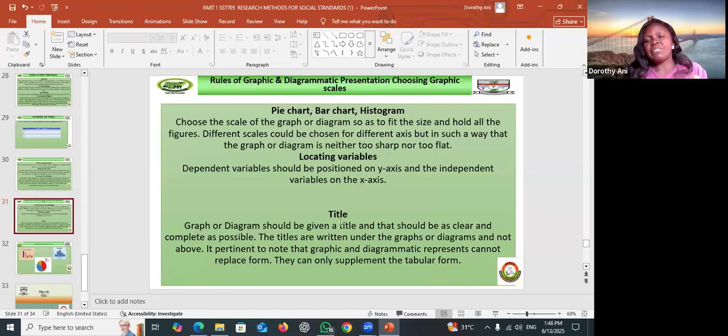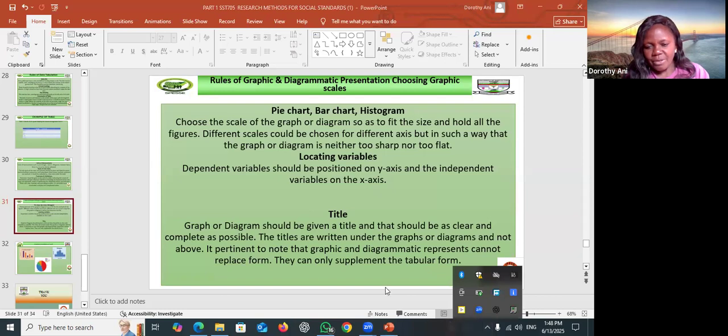So for the title of all these graphic or diagrammatic presentations, the title of a table is always at the top, but the title of a graphic or diagram is always under.